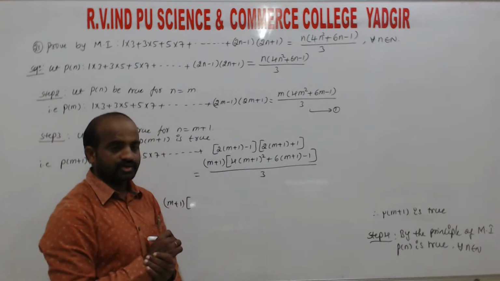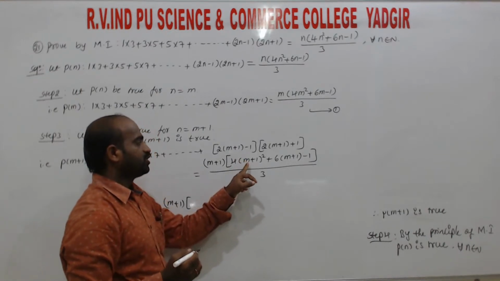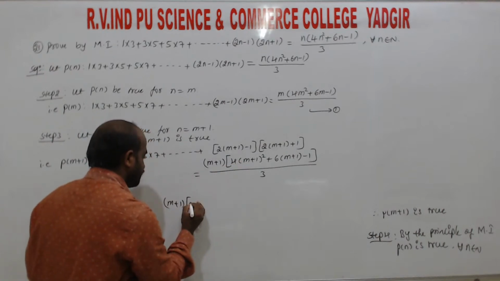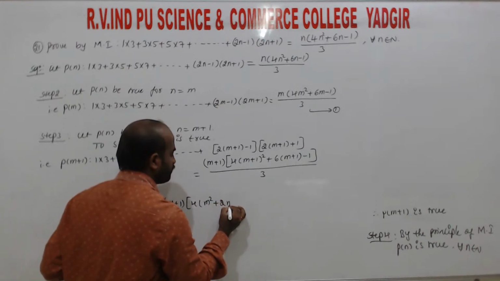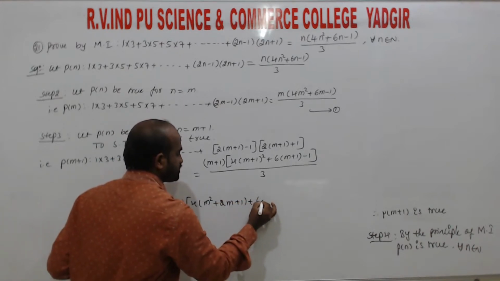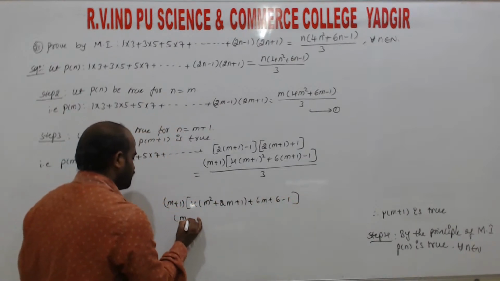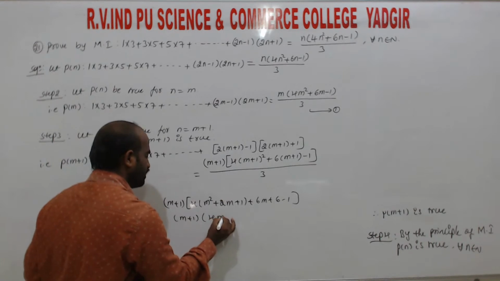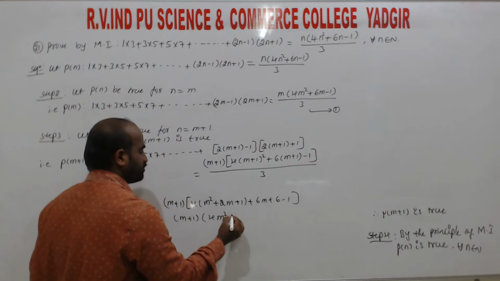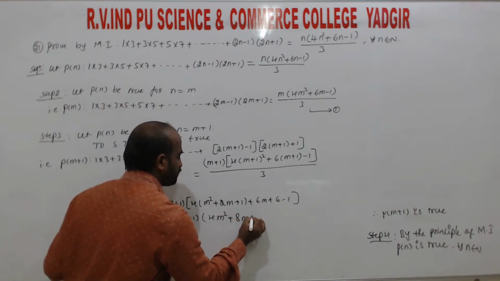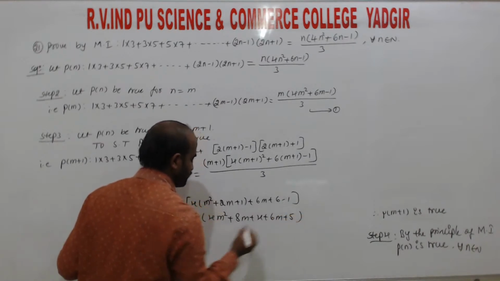Okay, m plus 1 whole square is what? m square plus 2m plus 1, a plus b whole square. Another step: 4 into m square plus 2m plus 1, 6m plus 6 minus 1. m plus 1 into 4m square. Okay, 4 is multiplied by this one: 4m square, 8m plus 4, plus 6m plus 5.